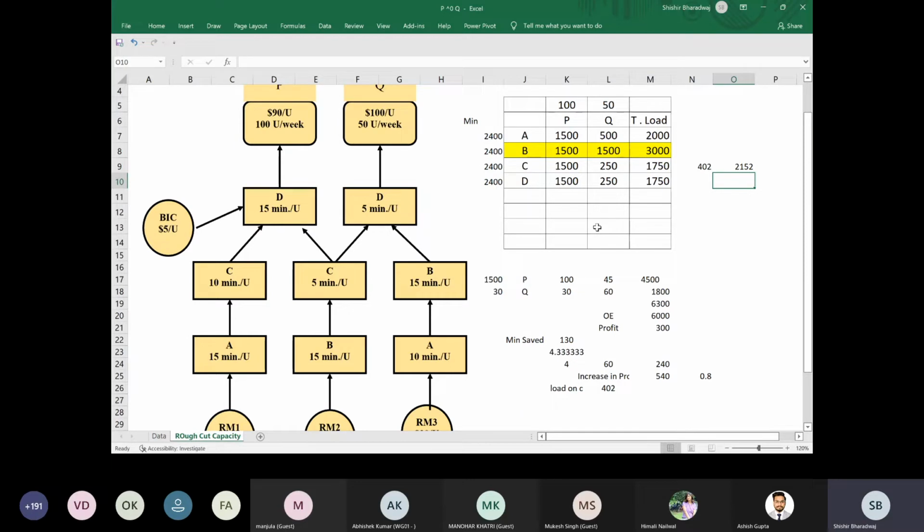How will you be able to load C more and get the profit up? It's quite likely you will never know what is limiting the throughput and hence what is limiting the productivity of your organization if you don't understand that B is the constraint. And the methodology that we are seeing here is that we are not concerned with local efficiencies.